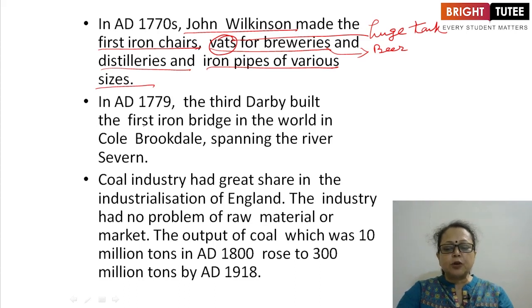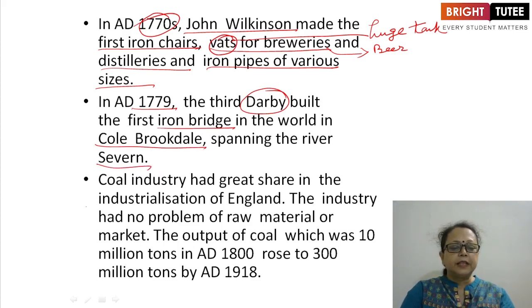Then next, it is about AD 1779. Earlier also we have discussed Darby. Now this is the third Darby, and his contribution: he built the first iron bridge in the world, which is known as Coalbrookdale, spanning the river Severn. This is the use of iron and steel.